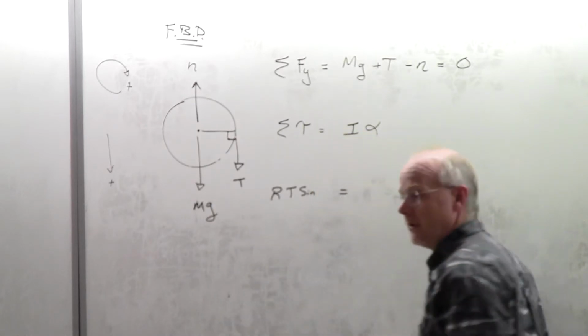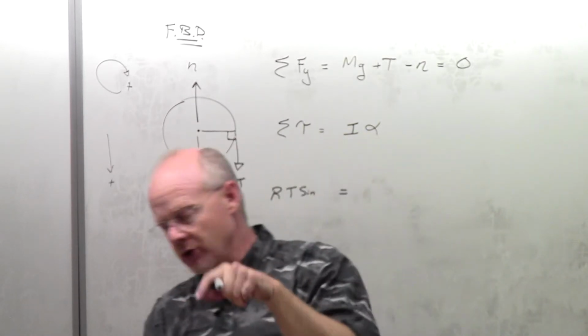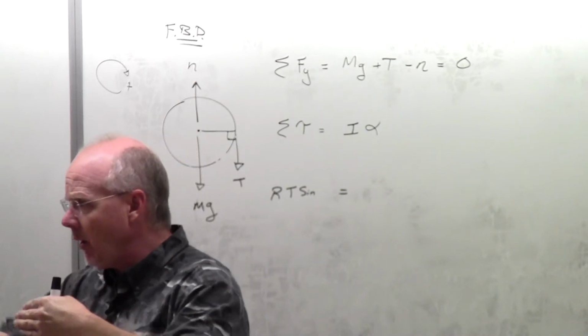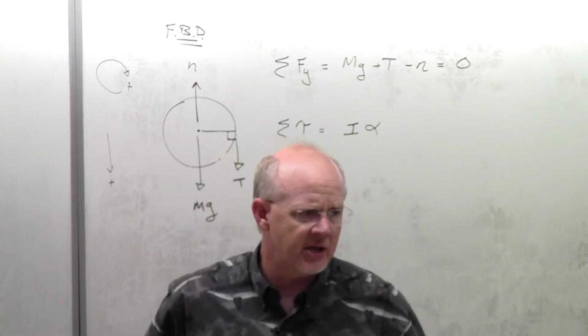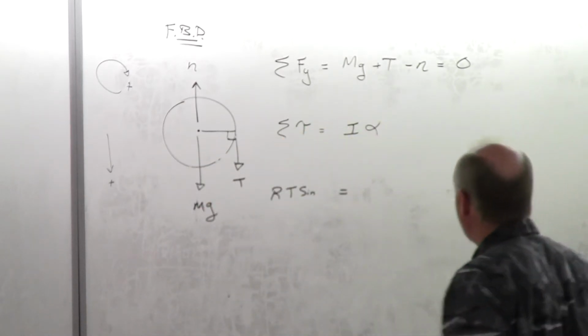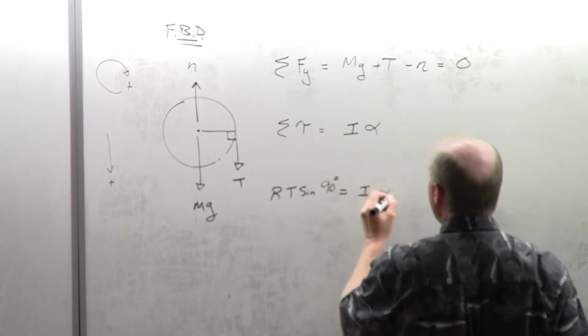This is kind of nice about doing the lab. You'll notice something in the lab that will help you as you do these problems. You wrap a string around an object, pull on it. It always comes off tangential to the object. No matter how you angle it, it's always coming off tangential. So the strings are the easiest ones. So this is going to be 90 degrees equals I alpha.